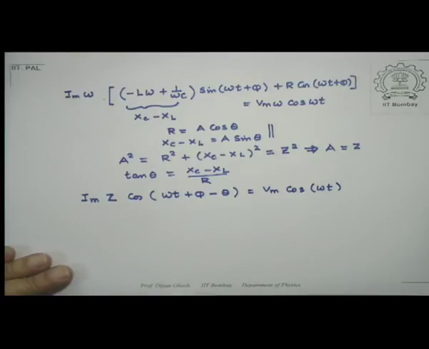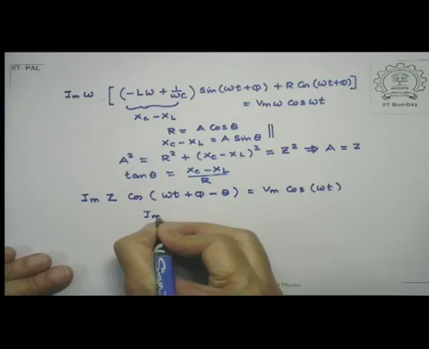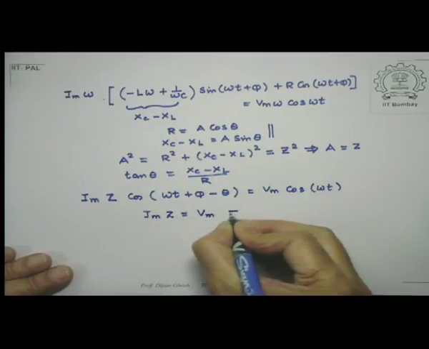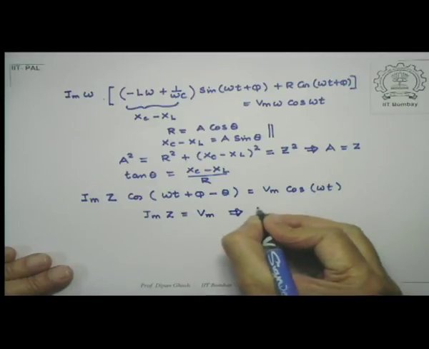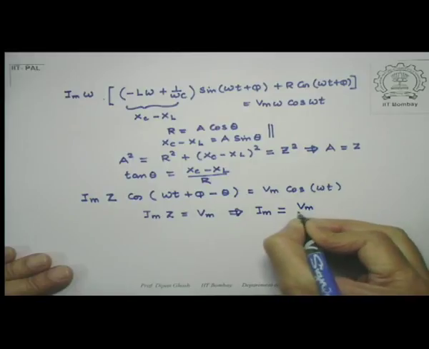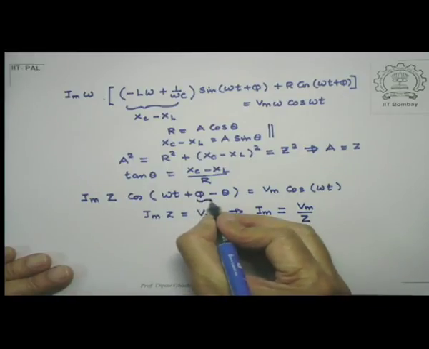Now, if you compare the two sides of this expression, what I get is Im times z is equal to Vm, which tells me that the maximum current, or the current amplitude, is given by Vm divided by z, and this theta is simply equal to phi.